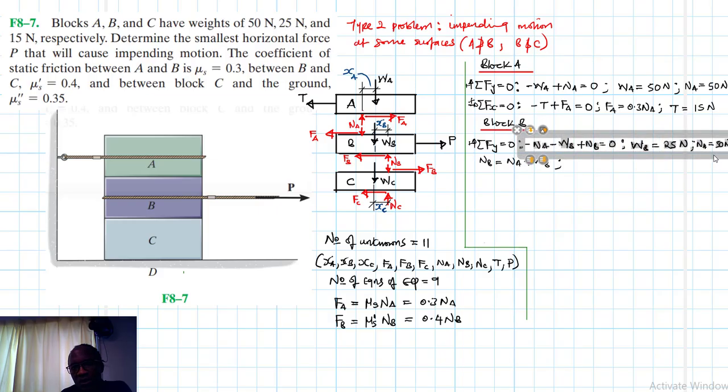Therefore NB is equal to NA, which is 50, plus WB, which is 25. So this gives us 75 newtons, right? Great.